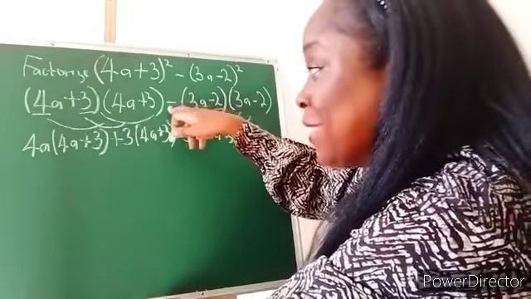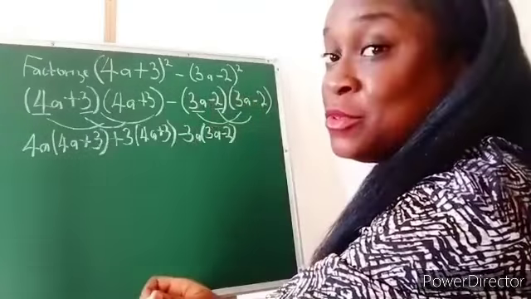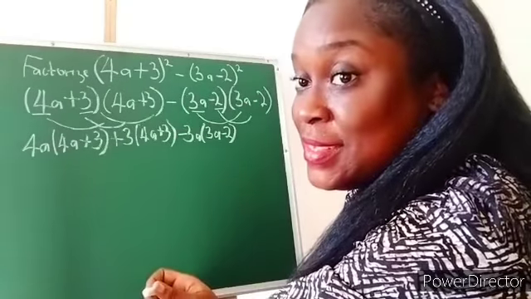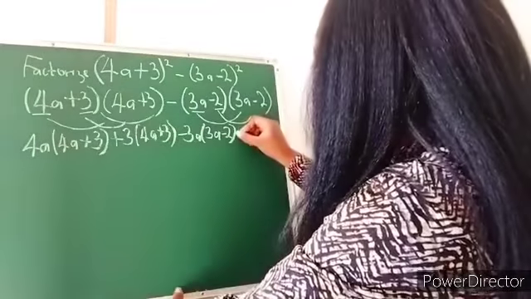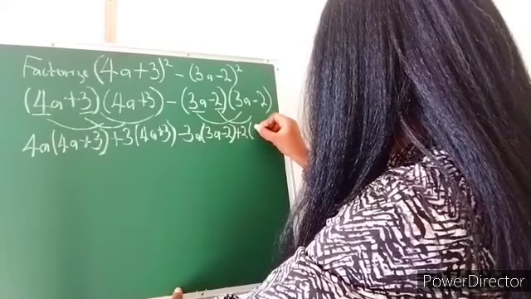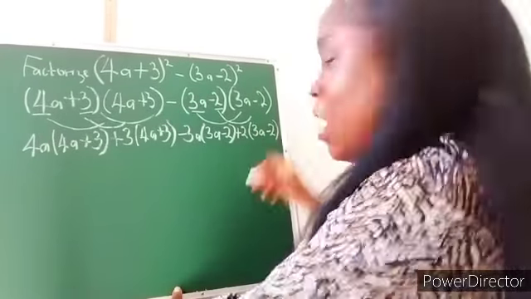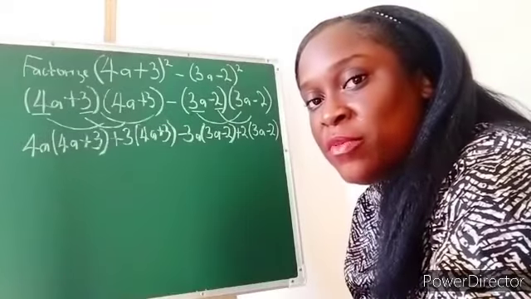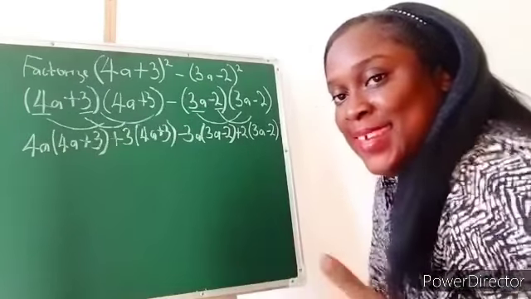Okay, na so this minus go affect this minus 2. This minus now go make this minus 2 turn to wetin? E go turn to plus 2. So here go come be plus 2, abi? 3a minus 2. I like as we dey progress for this matter. The matter don dey get belle.